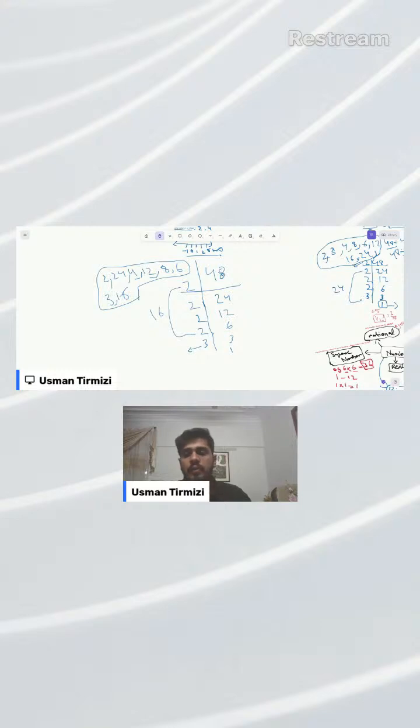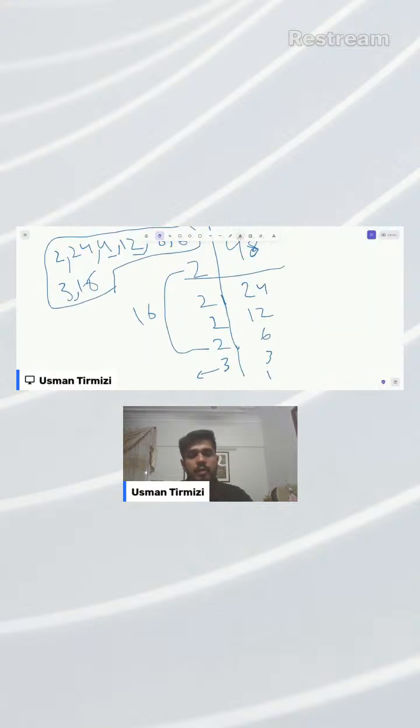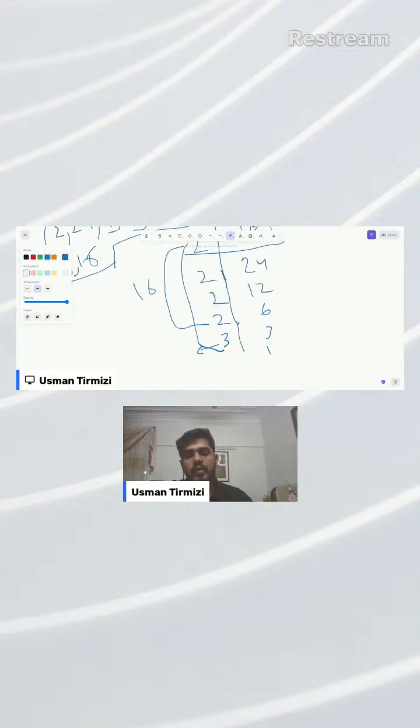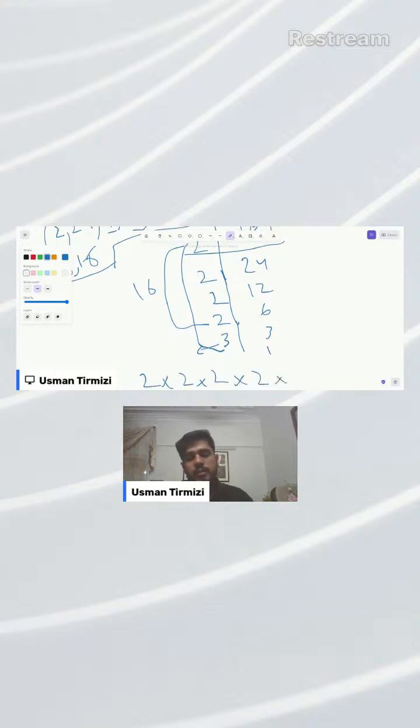Moving on, I'm going to show you how to divide. What I've done here is find out different factors for 48. But these numbers which I just wrote down, I can write down separately, like 2 multiplied by 2 multiplied by 2 multiplied by 2. There are four twos, and then multiplied by 3.